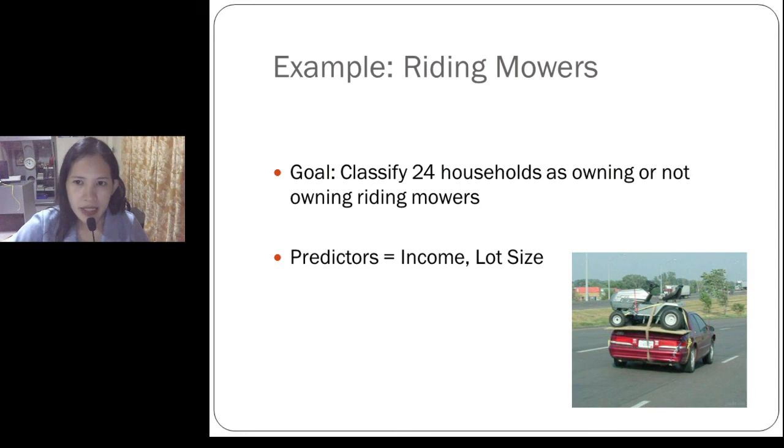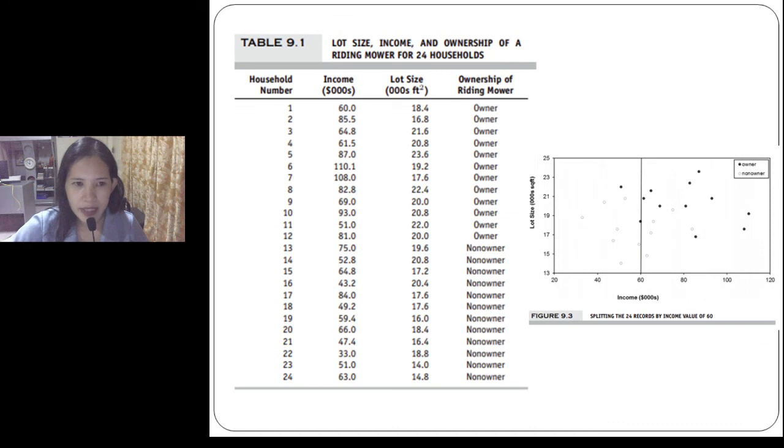A pilot random sample of 12 owners and 12 non-owners in the city is undertaken. Here is our data set for the riding mowers. There are 24 records, 12 records are owners, and 12 records are non-owners.